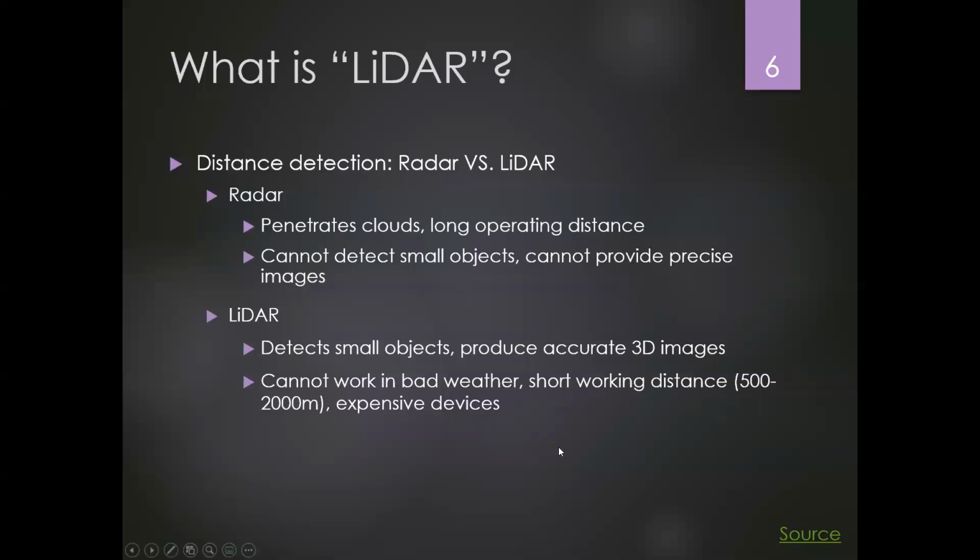And it cannot work over a pretty long distance. It has a short working distance, usually 500 to 2,000 meters, which means that LiDAR sensors are usually mounted on cars, on drones, or on planes, but not usually on satellites. There are LiDAR systems mounted on satellites, but they are very rare and very expensive devices. A LiDAR system is not something you can buy on Amazon.